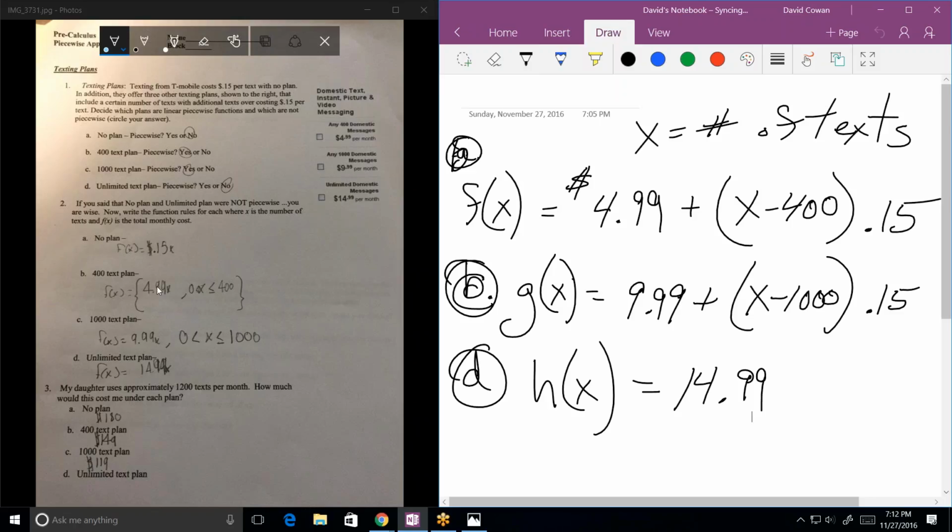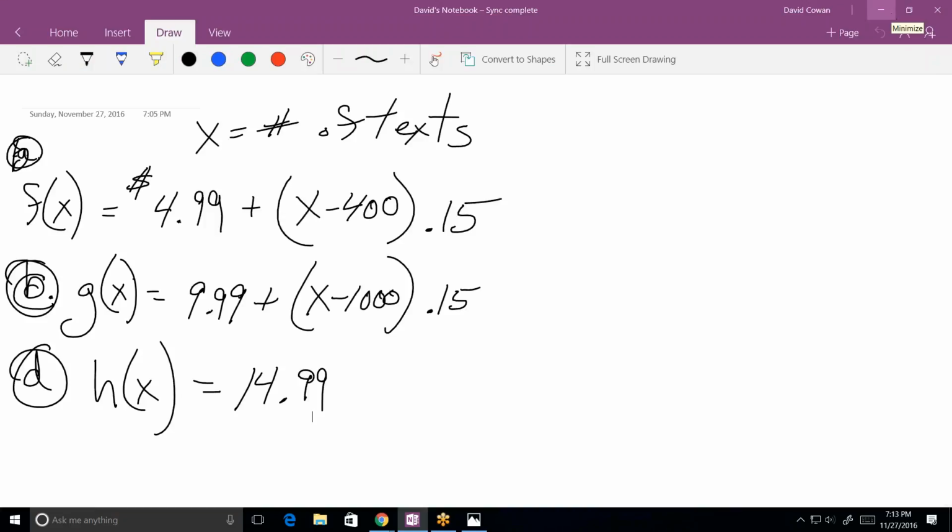And, you know, let me just make a comment here. We could call all of these f of x if we chose to, and if we put these limiting factors like you have here. In other words, if we want to answer this with a piecewise function, then it's all f of x. Okay? Right. And the first part is x greater than 0 and less than 400.